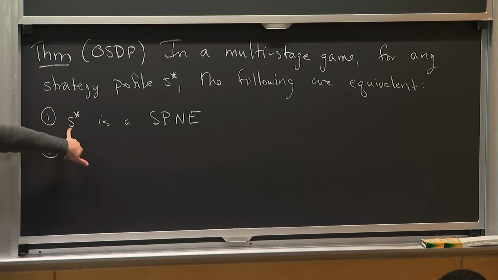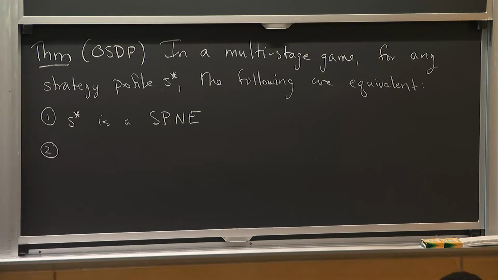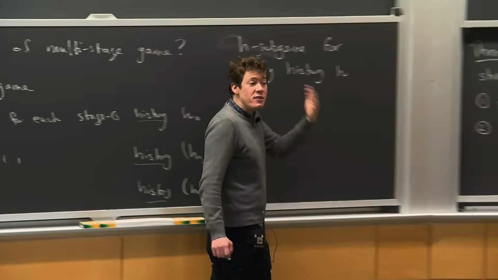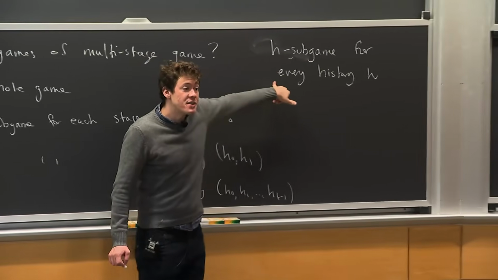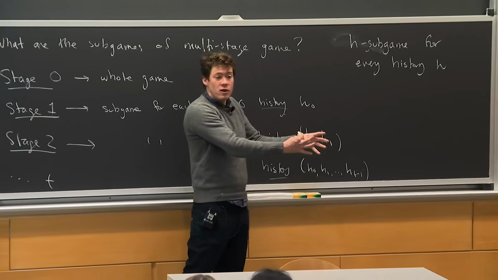What does it mean for S star to be a subgame perfect Nash equilibrium? It means in any subgame, the restriction of the strategy profile to that subgame constitutes a Nash equilibrium in that subgame. But now, let's use our observation about the structure of the subgames. Instead of making a statement about every subgame, we can make a statement about every history, because a subgame is basically equivalent to a history.